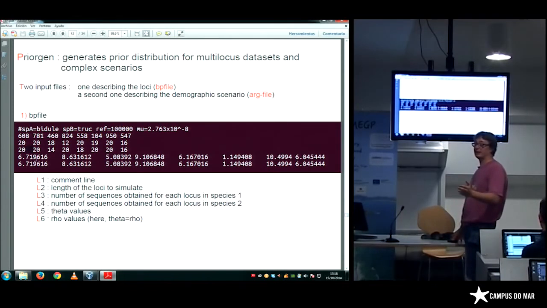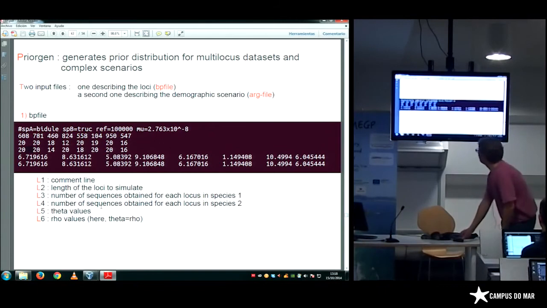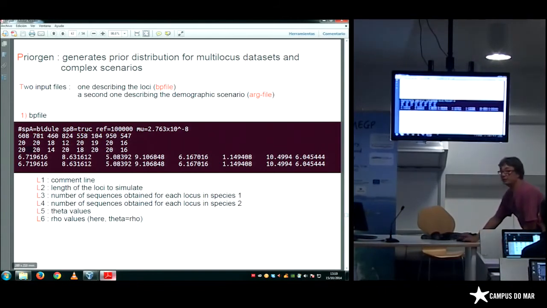So Nr is equal to Nu here. So you have the exact same values on the last lines. It's because of this assumption. So here you have the explanation of the lines of this text file. Okay?